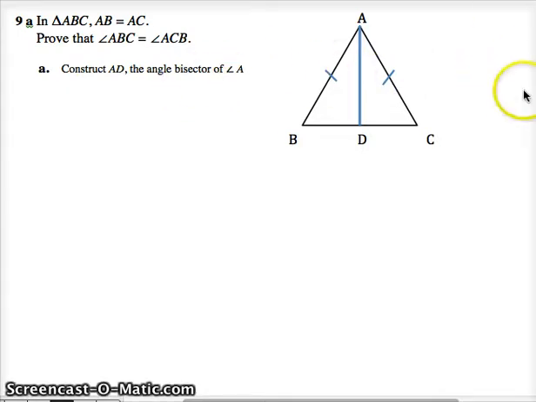So now we actually have two triangles, so we can say in triangle ABD and triangle ACD, we can say that AB equals AC, which is given.